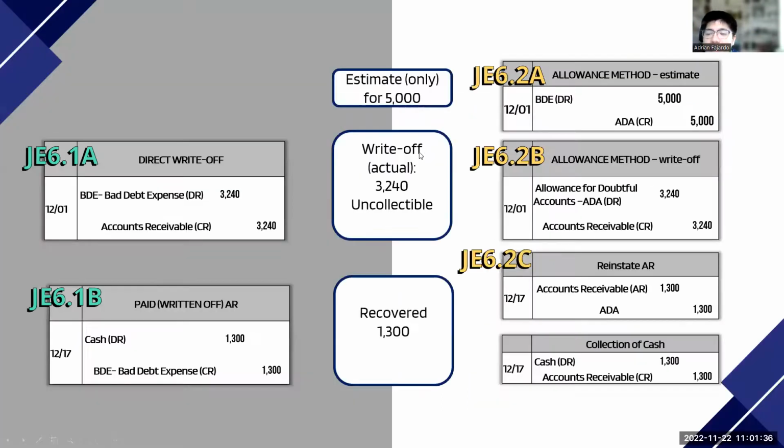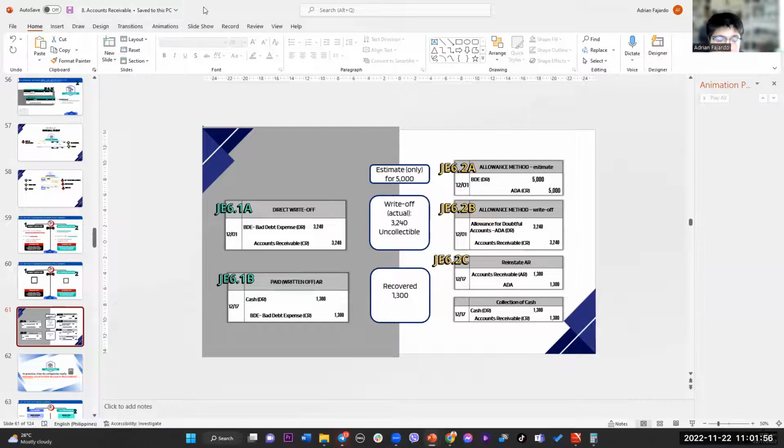So to summarize that case study scenario, notice na nung estimate pa lang, ang nag-record lang is si allowance method. Si direct write-off method, since it's estimated losses, wala siyang recording. No recording.